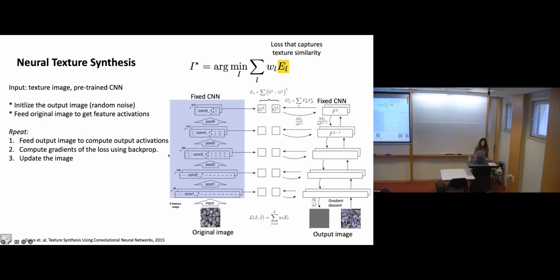We're gonna feed the original image in the beginning to get the target feature maps and the target G_Ls, our texture representation. And then we're gonna do exactly what we've done before. We're gonna feed our output image to the neural network, compute its activations, extract those G_Ls, compute the gradients of the loss with respect to the output image, update the output image, and repeat.